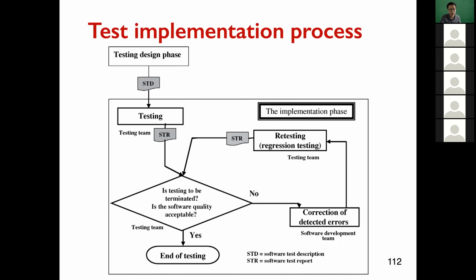Otherwise, if we find errors, bugs, or defects, then we correct such detected errors. After we've fixed them, we need to run the test again, which we call retesting or regression testing, and we generate another STR, software test report, and we determine whether the quality is acceptable again. If this time it's acceptable, we end the test. Sometimes we may run multiple iterations to finish the testing. So this is the process of software testing implementation.